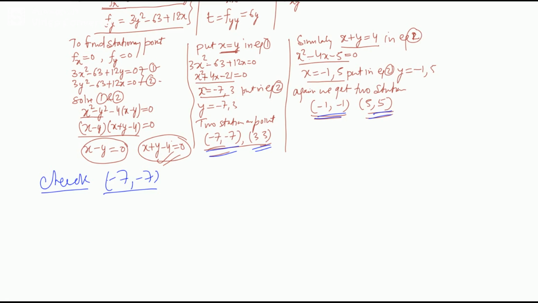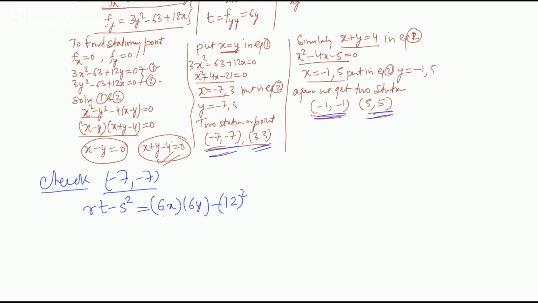For that we first have to evaluate rt minus s square. As you remember, r is 6x and t is 6y, minus 12 whole square.